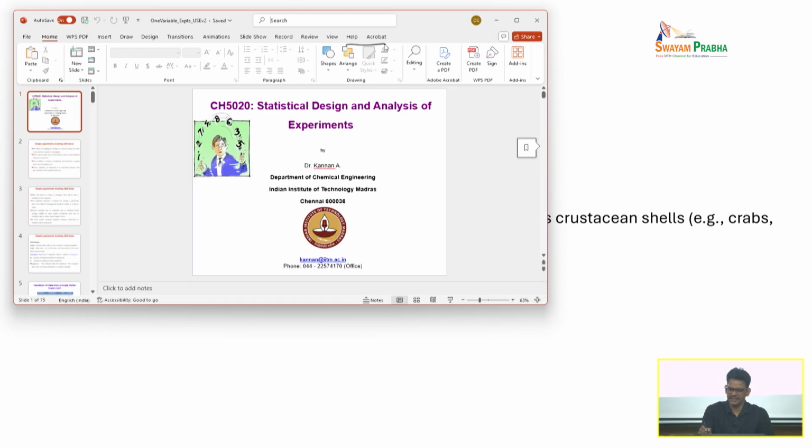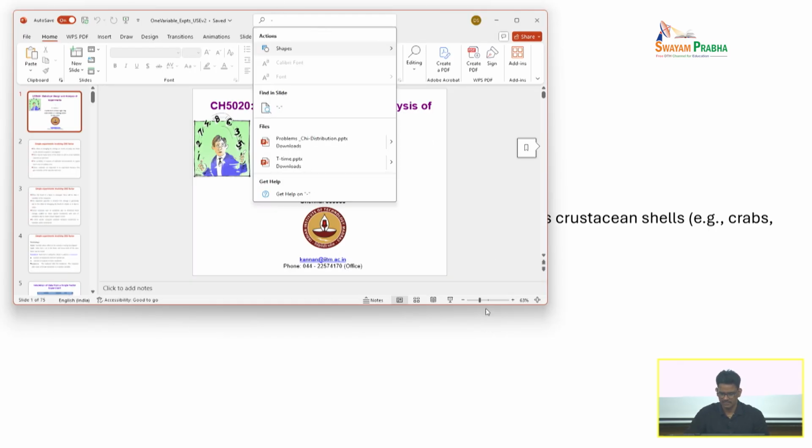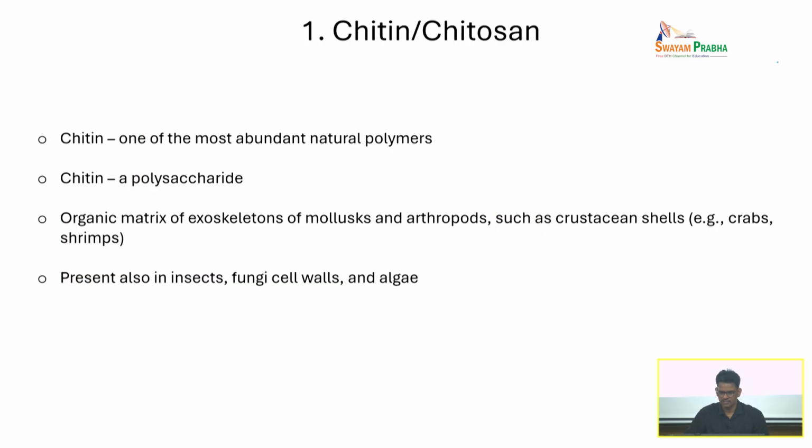The first one I want to talk about is chitin or chitosan. These are very related materials. I will shortly distinguish the two names, chitin and chitosan. Chitin is one of the most abundantly available natural polymers, like cellulose and starch from the plant world.